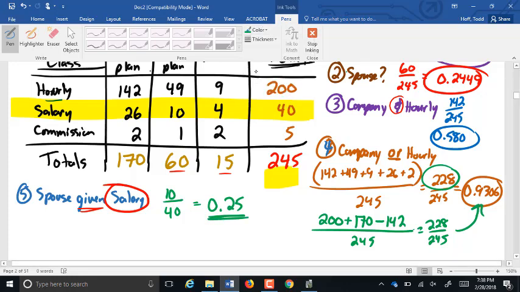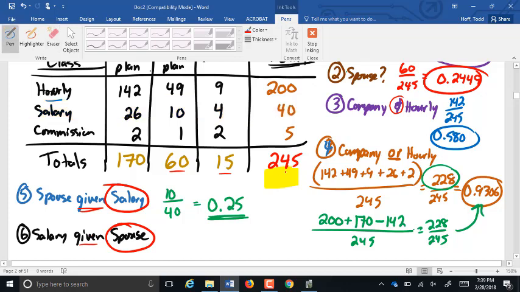So now an interesting question. What is the probability that a randomly selected employee is on salary given that they're on the spouse's plan? Is that probability going to be the same? No. This time, what we know is that they're on the spouse's plan, which means, once again, we're not looking at the full 245.